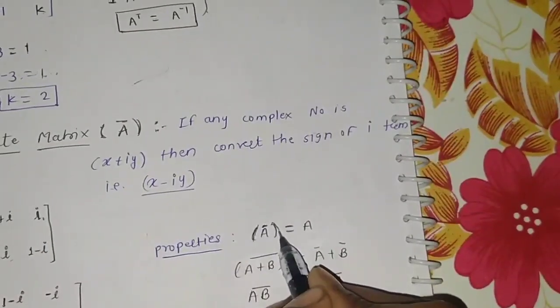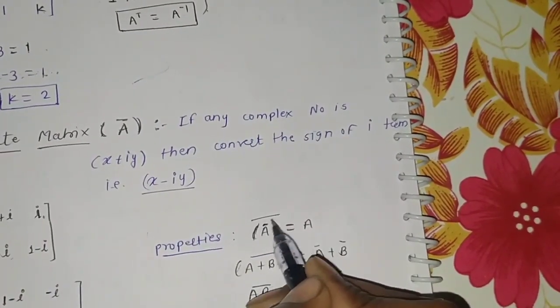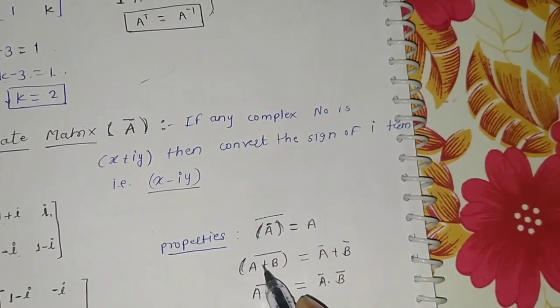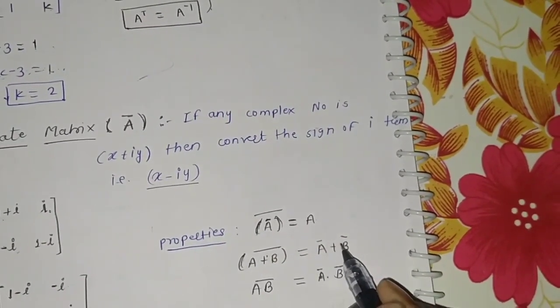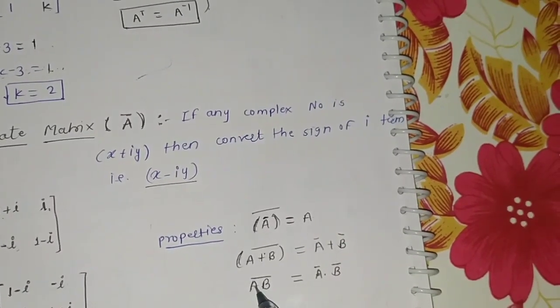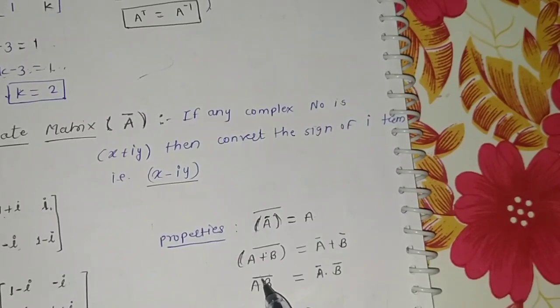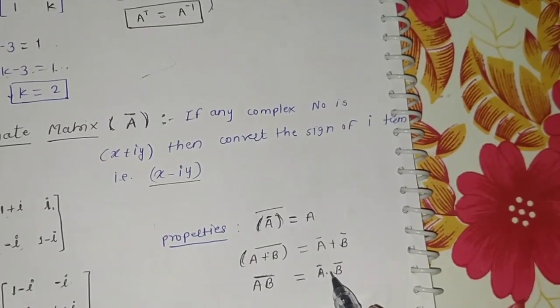So the properties: A bar bar is equal to A, and (A plus B) bar is equal to A bar plus B bar, and (AB) bar is equal to A bar into B bar.